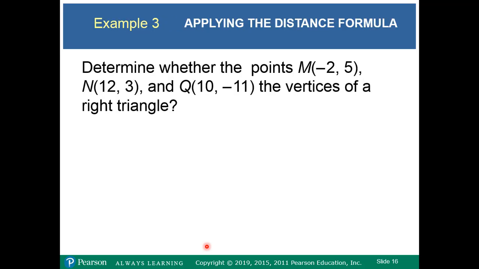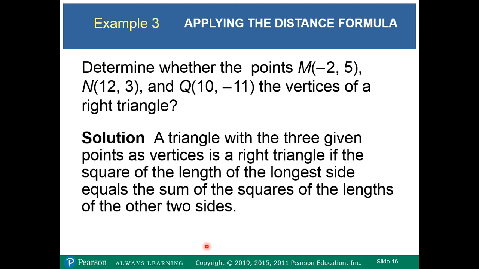What we can do is use this to determine whether the given points are in fact the vertices of a right triangle or not, by finding if it satisfies the Pythagorean theorem. So a triangle with 3 given points as vertices is a right triangle if the square of the length of the longest side equals the sum of the squares of the other 2 sides, the legs.